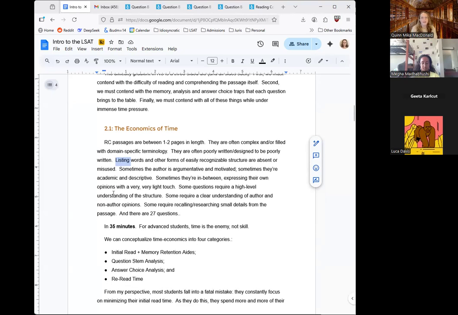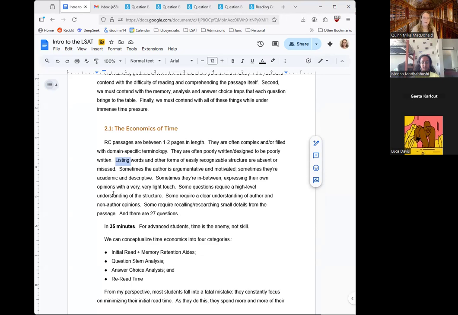We also have very different authors. Some of our authors are very educational and hands-off. They're just there to teach us about something they find fascinating. We also have authors that are highly confrontational and argumentative. They want to persuade us that they are right and somebody else is wrong, right? And sometimes they're in between, which is honestly the most difficult type of author to deal with.